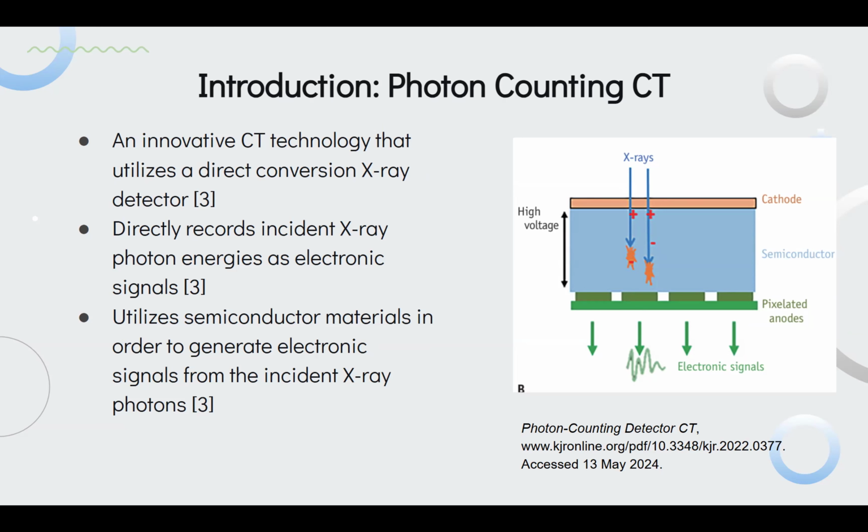The technology utilizes semiconductor materials to generate these electronic signals from the incident X-ray photons, which enhances image quality and diagnostic accuracy. The schematic on the right shows the process of PCD, in which it uses a semiconductor to directly generate positive and negative charges, with negative charges going to pixelated anodes to record each individual photon and its energy.